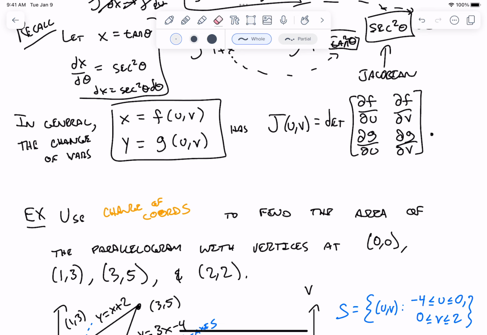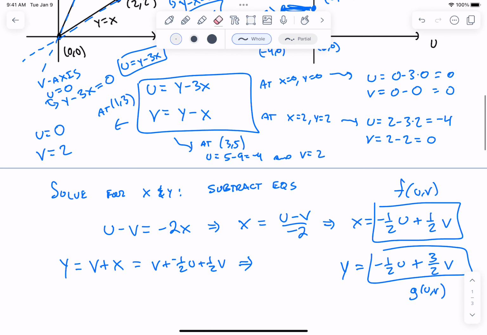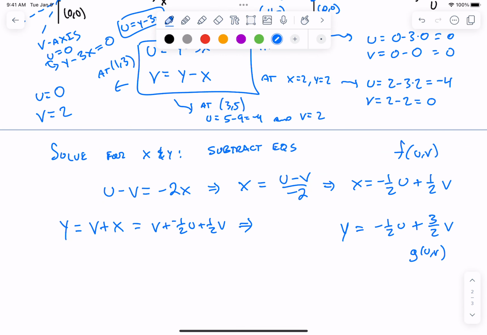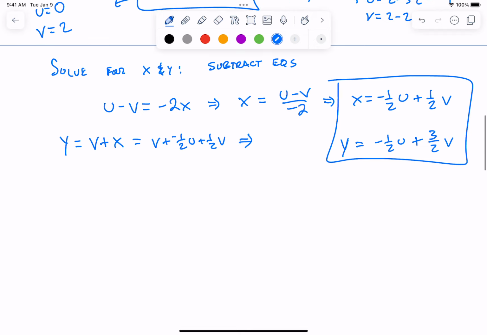Okay, so now I can do the actual Jacobian, right? So this is going to tell me what I multiply by. So my Jacobian in this case is going to be the determinant of what? It's going to be the determinant of, I'm going to take the partial with respect to u of that top formula, right?